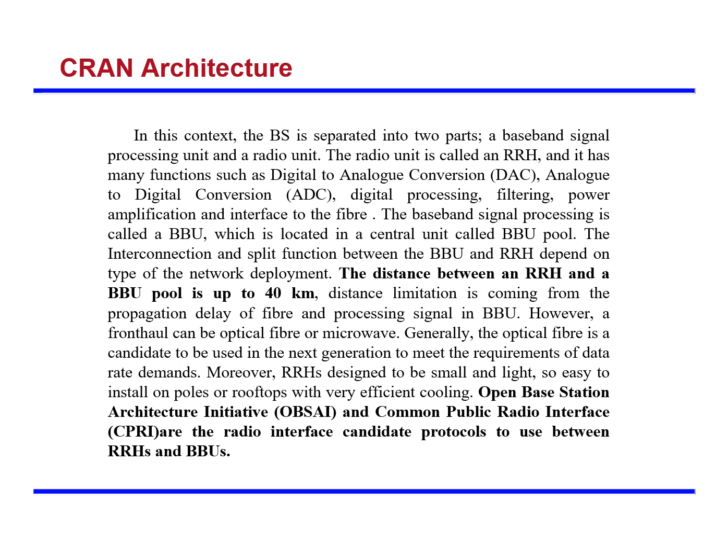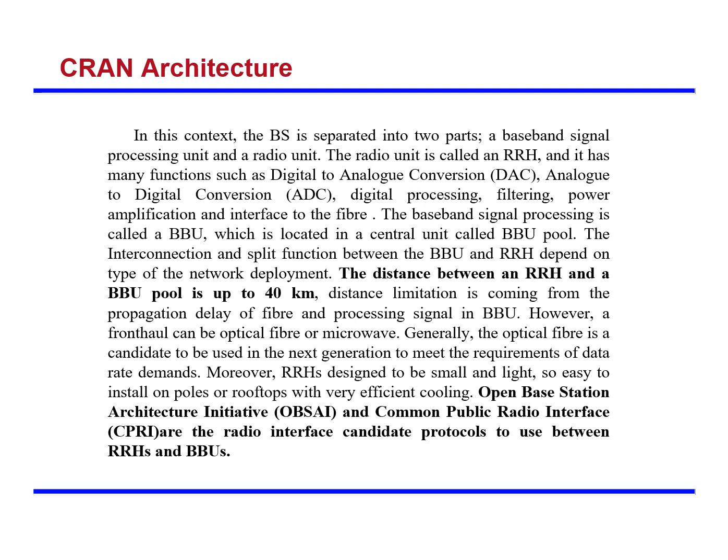CRAN architecture. In this context, the BS is separated into two parts, a baseband signal processing unit and a radio unit. The radio unit is called RRH and it has many functions such as digital to analog conversion, analog to digital conversion, digital processing, filtering, power amplification, and interface to the fiber.